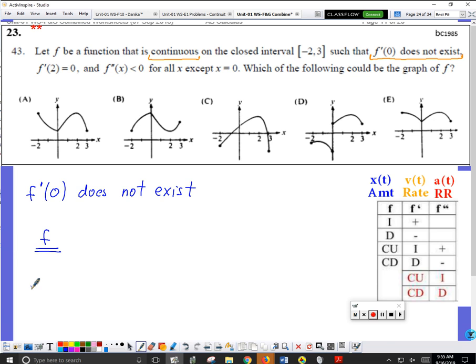A corner is where the slope changes suddenly. Along here the slope's all the same, but right at the corner the slope is dramatically different. On a curve, the slope changes very gradually, in infinitesimal steps. At the corner, the slope suddenly changes instantly.